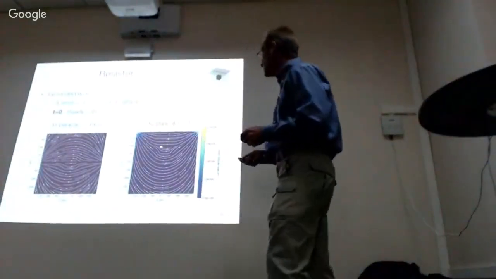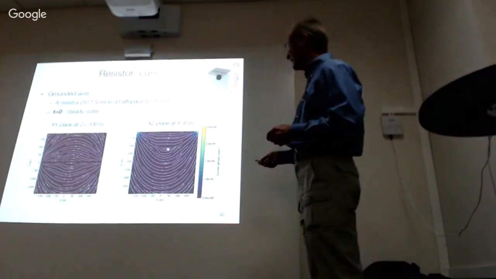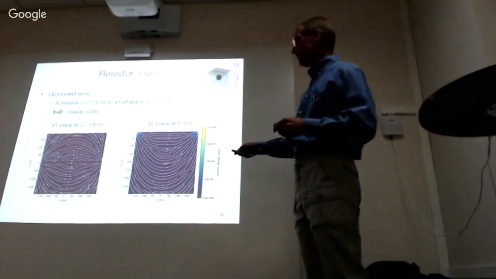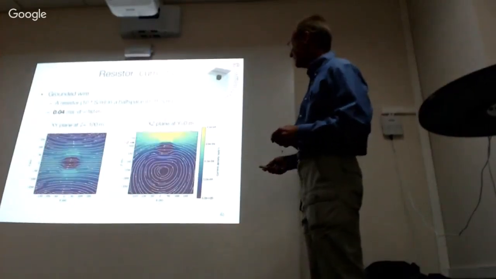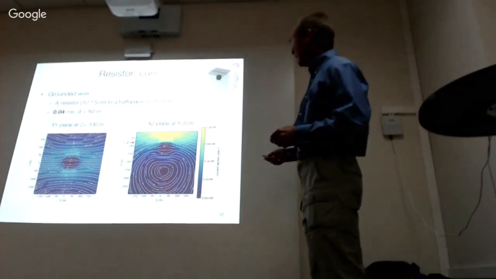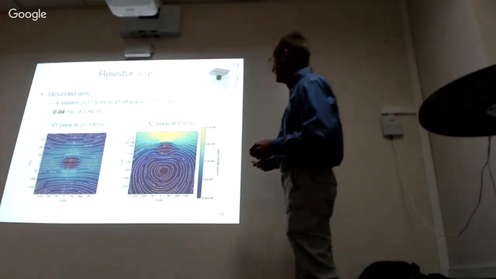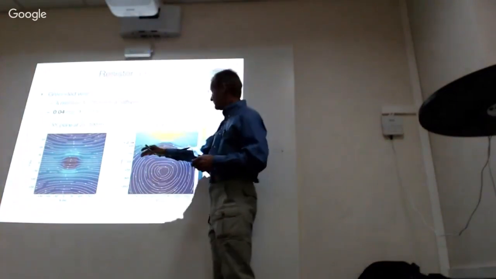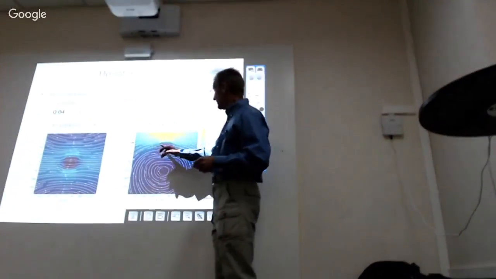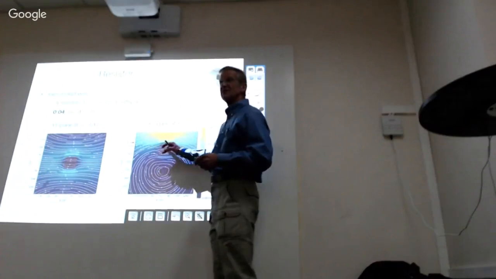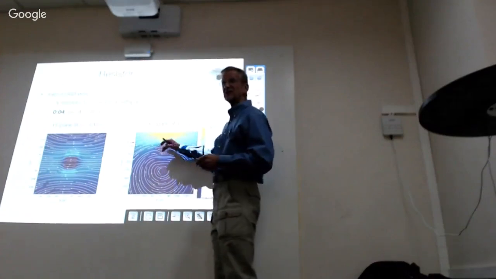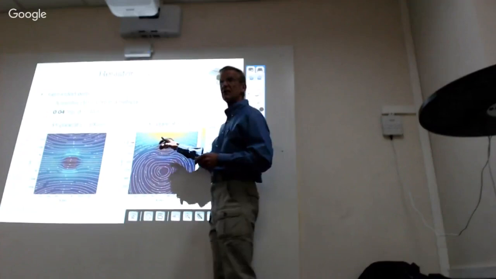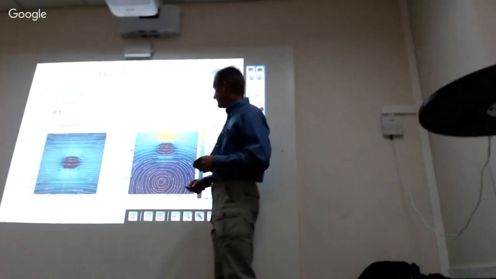Okay, so now let's see what happens. So look what happens here. Now I'm putting in a resistor. I can tell I've got a resistor here, right? Because the currents are going around. Here we are at some early stage. So the currents from the wire are diffusing through. But look what's happening in here. There's nothing happening. When we had the conductor, we had these vortex currents here, right? Now we don't. A little bit later, looks like that.